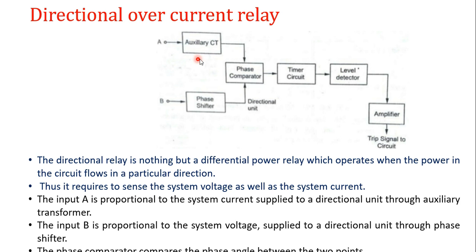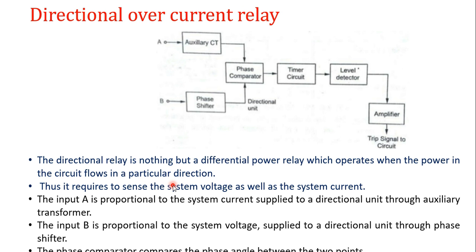So there is an auxiliary current transformer, a phase shifter, and both are given to the phase comparator, or the directional unit. And there is also a timing circuit for determining the time of operation, and it is given to the level detector, and the output is given to the amplifier and it produces the trip signal.